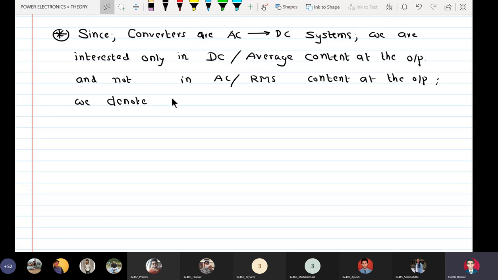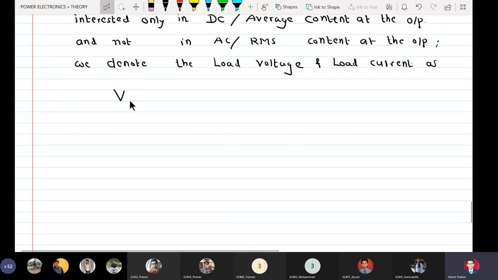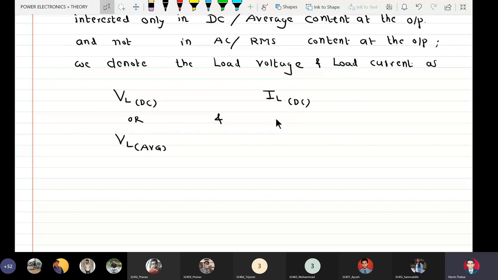We denote the load voltage and load current as VLDC or VL AVG and ILDC or IL AVG.